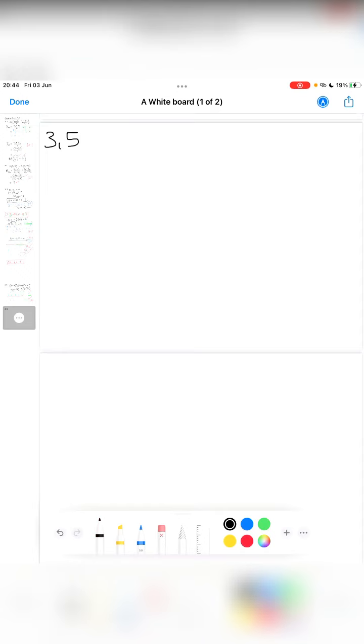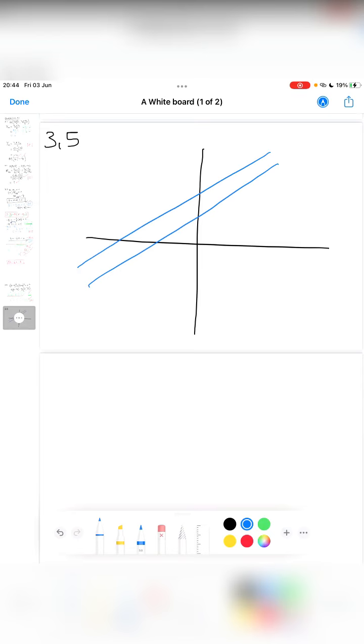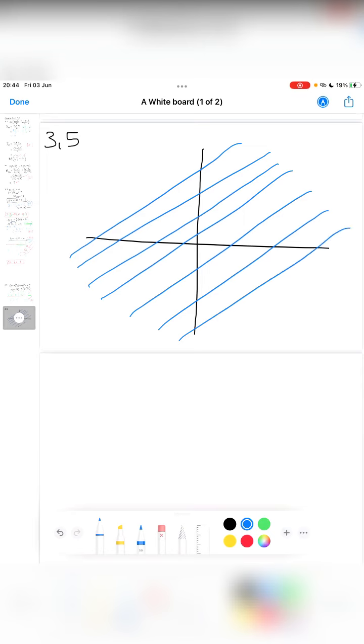Ladies and gentlemen, when you have a Cartesian plane and a line in that direction, you always have a positive gradient. So from quadrant 3 to quadrant 1, or from quadrant 1 to quadrant 3, we always have a positive gradient.